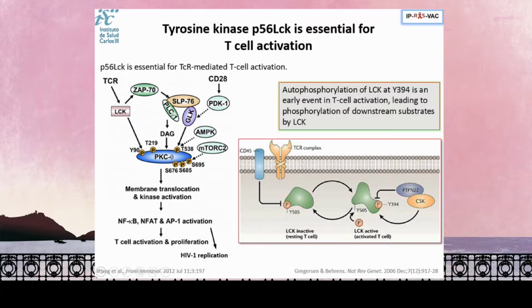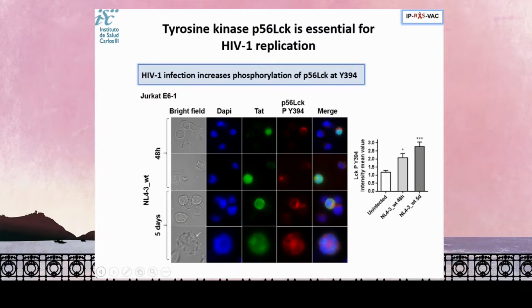LCK is also activated by phosphorylation, and this phosphorylation at tyrosine 394 is very important for the activation of LCK. Therefore, what we saw is that HIV-1 infection is able to increase the phosphorylation of LCK at this residue.